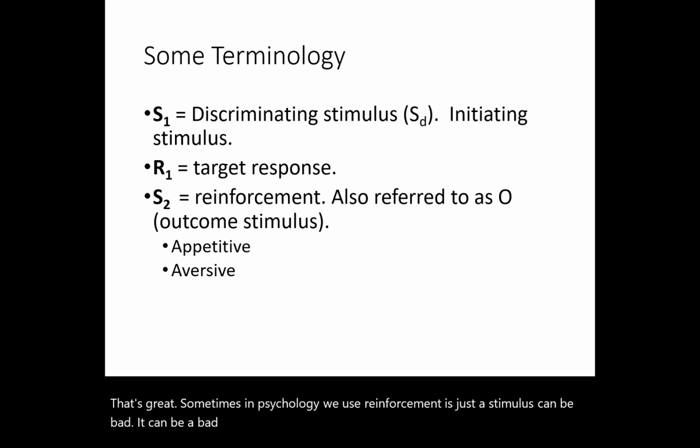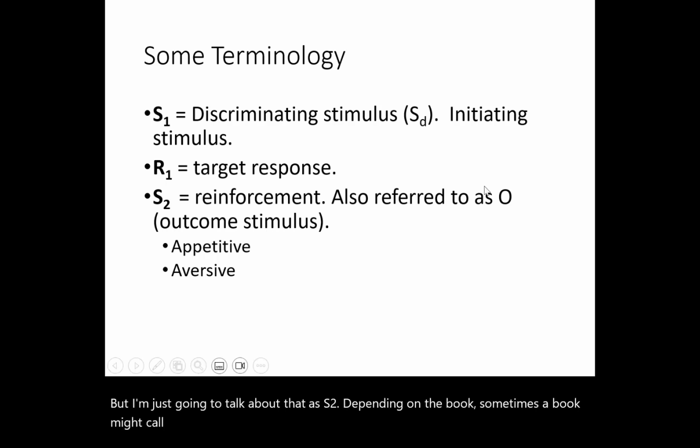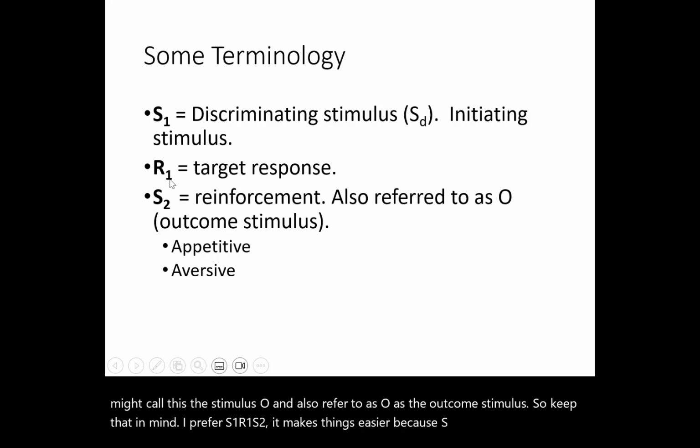Yell at the animal or shock or something. But I'm just going to talk about that as S2. Depending on the book, sometimes a book might call this the stimulus O, also referred to as the outcome stimulus. So keep that in mind. I prefer S1, R1, S2. It makes things easier because S stands for stimulus.